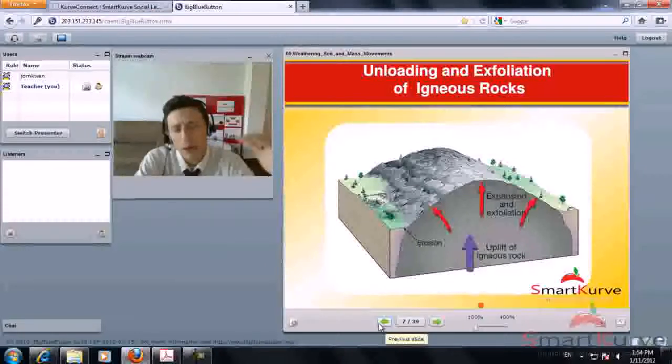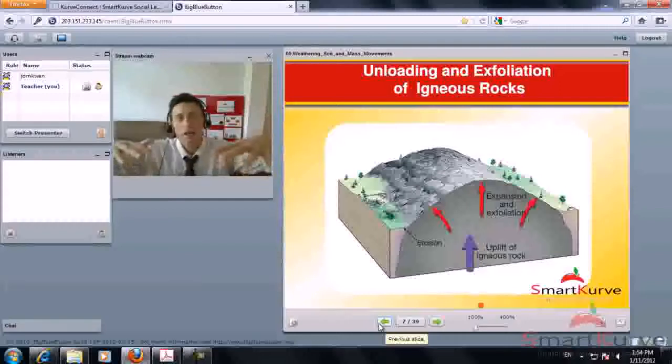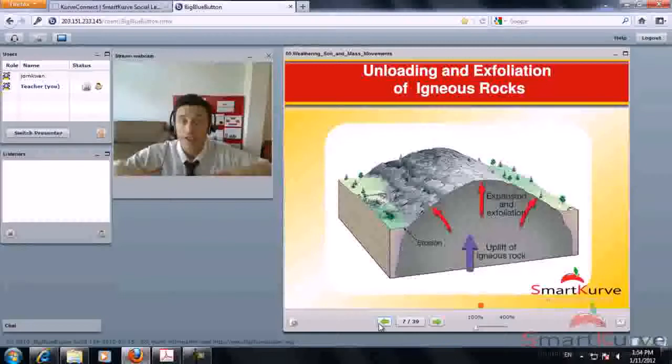Now remember what we learned about sedimentary rock. Remember, it forms because of all the pressure and the weight of the rock and soil on top of it. Well, imagine that igneous rock with all of that weight, all of that pressure on top of it, and then erosion over hundreds of years or thousands of years carries away that soil, carries away that rock on top of the igneous rock.